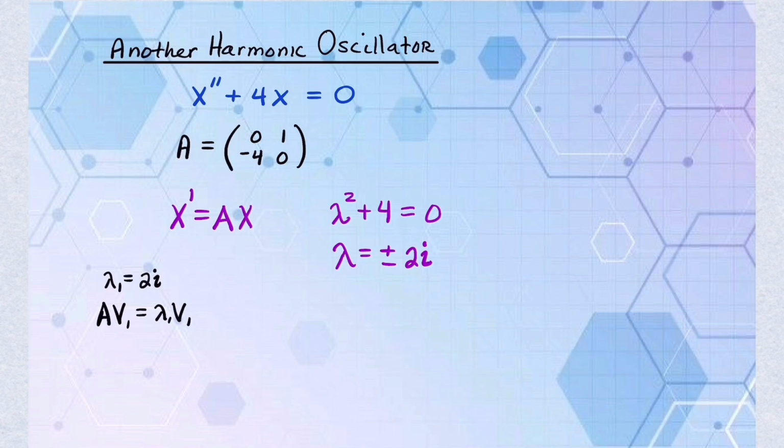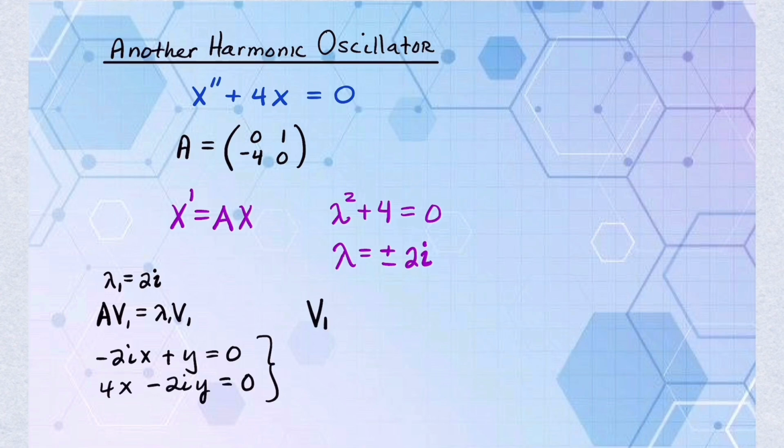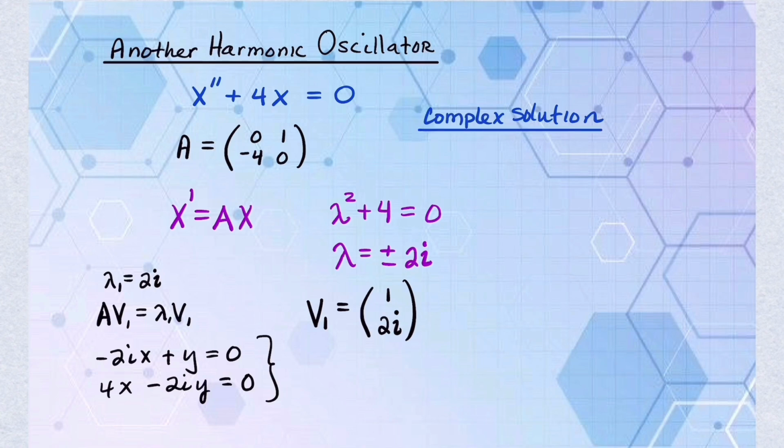Taking the positive eigenvalue 2i and calculating the eigenvector associated with that, we get 1 and 2i. So a complex solution that we may write down for this system, e to the 2it times the vector 1, 2i.